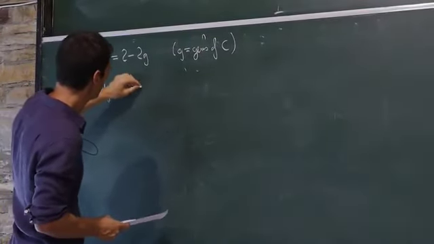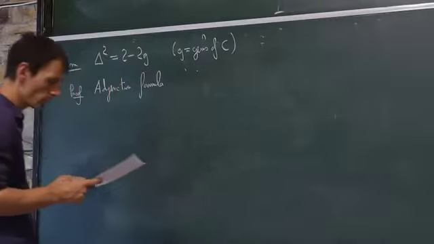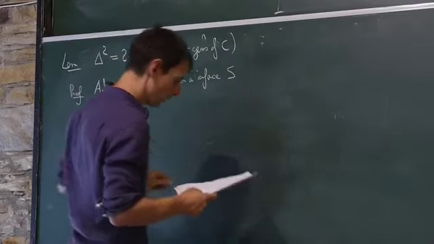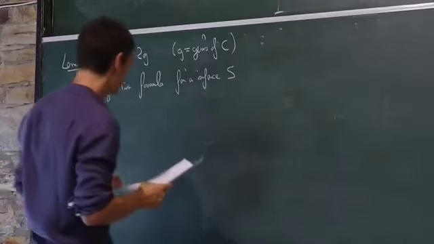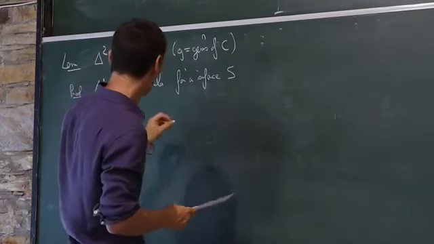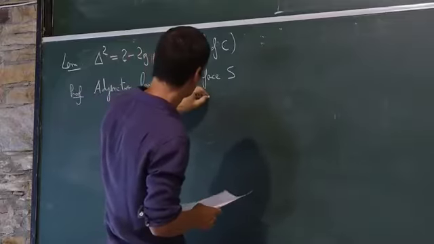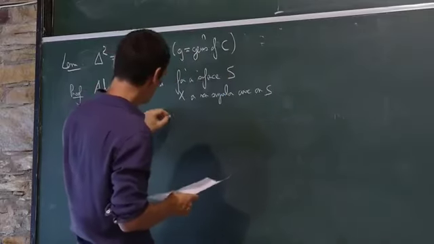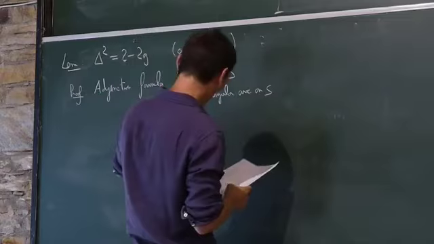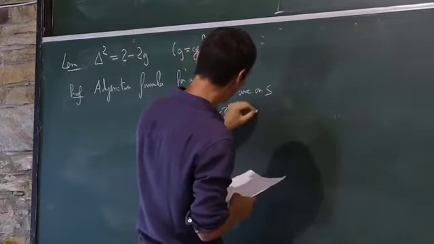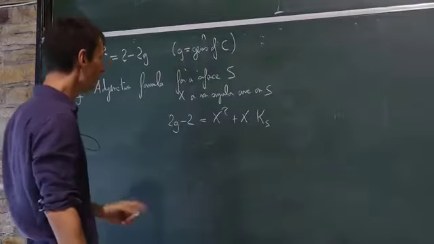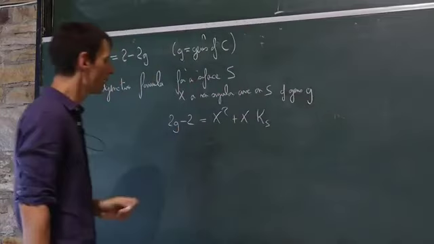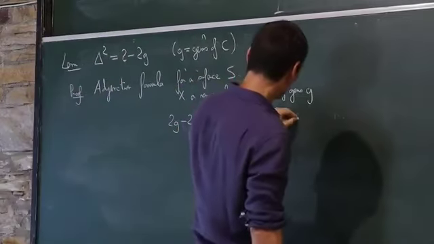We need a result called the adjunction formula, which is valid for any surface S. It tells you that if you take a non-singular curve X on S, of genus g, then 2g minus 2 is X squared plus X times K of S, where KS is the canonical divisor on S.